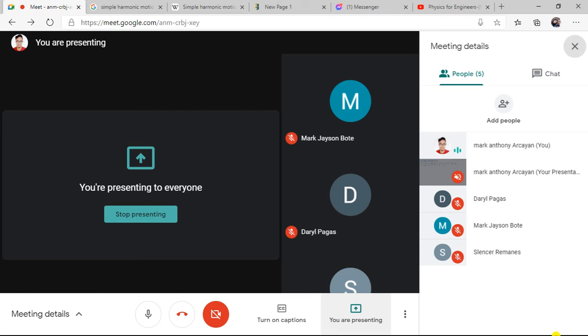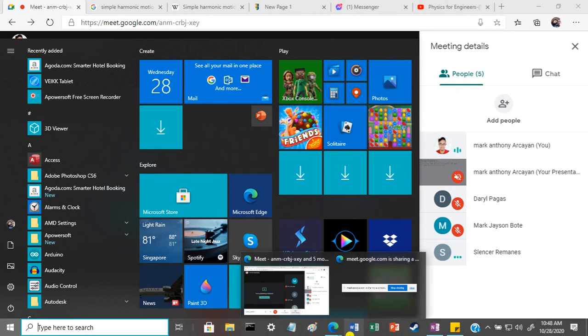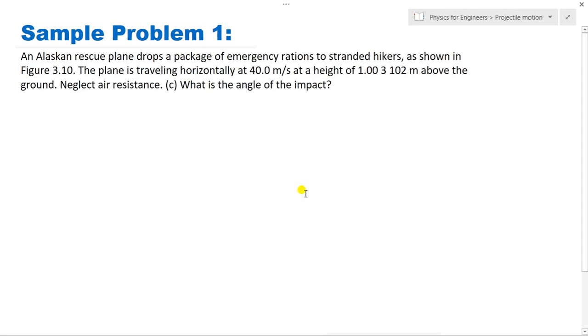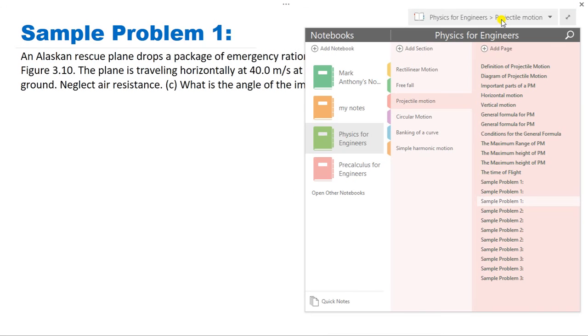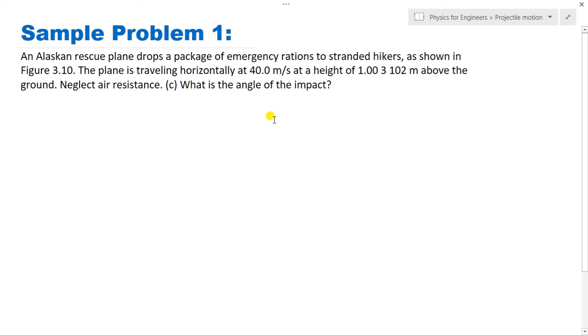Na may class? What time? 11? 1:30. Okay, siguro until lang tayo. Let's just finish projectile, and so na may klase 1:30 no. Circular motion. I think circular motion medyo mabilis lang. So, okay. Let's have the problem.